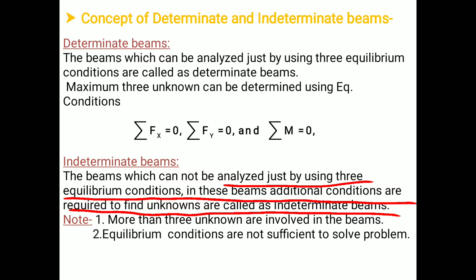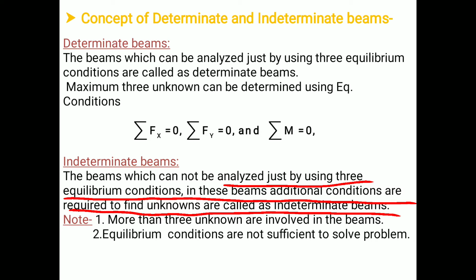For example, if we consider a fixed beam or built-in beam, then it is an indeterminate structure, because the unknown reactions in case of fixed beam or built-in beam cannot be analyzed by using three equilibrium conditions. For that purpose we require an additional equation to make the analysis.